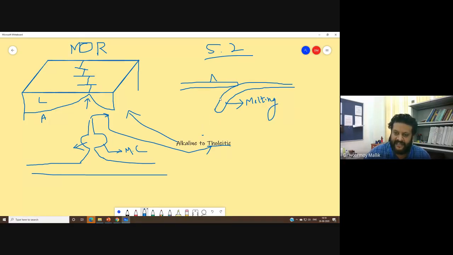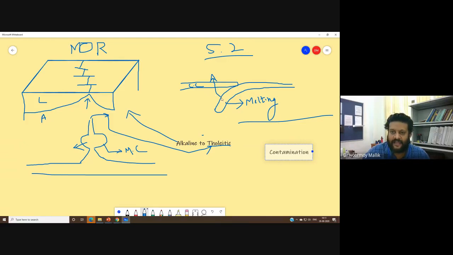Now, when it melts, it interacts with the continental crust. As we said, this is continental crust, so there is a lot of contamination with the continental crust.